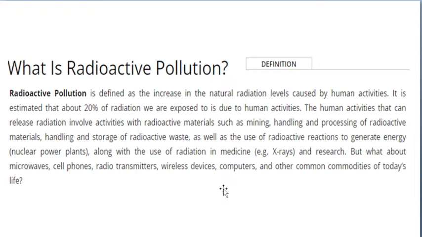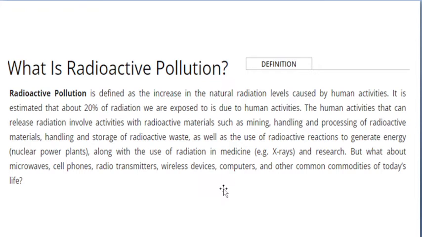But the problem arises when this quantity increases. Natural radiation levels increase particularly due to human activities, and it is estimated that about 20% of radiation we are exposed to is due to human activities.